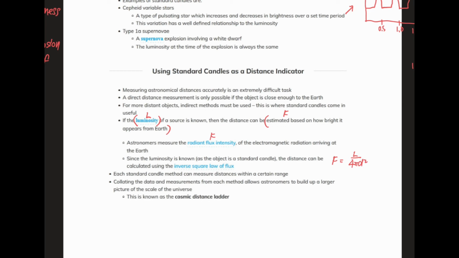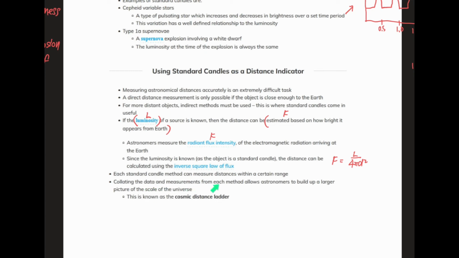Okay, we continue. Each standard candle method can measure distances within a certain range. Collating the data means you collect and combine the data.